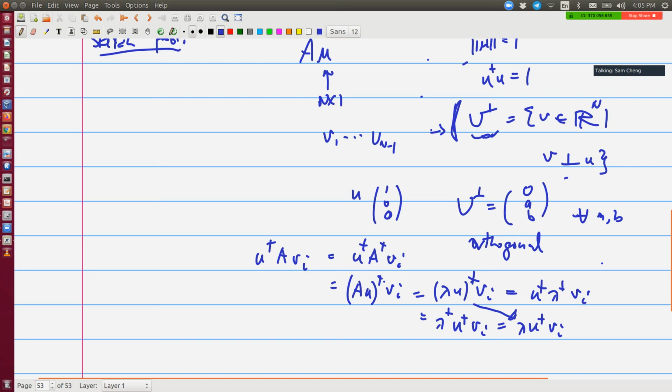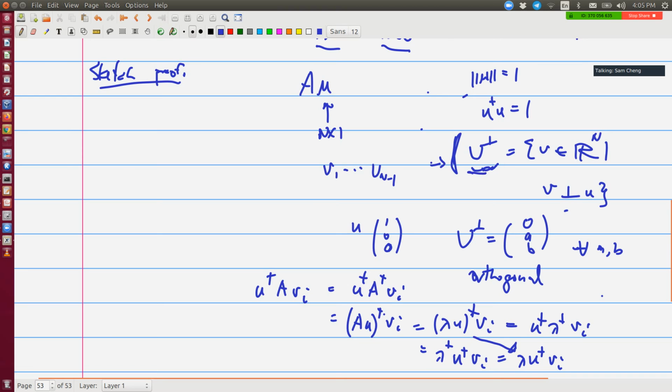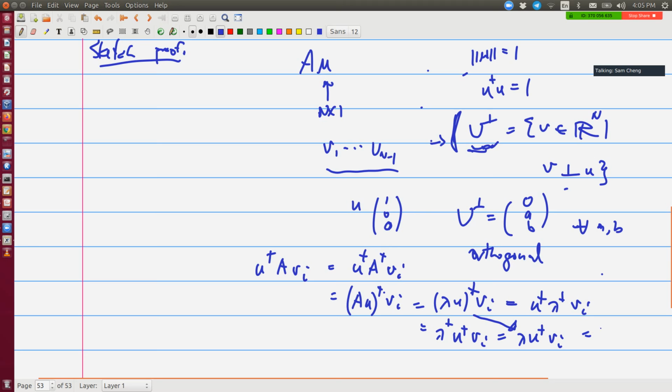But then we said V is orthogonal to U, since V i is inside this orthogonal space, therefore this is equal to 0. Why? V1 to Vn minus 1 are a basis of this space, so each is inside it.